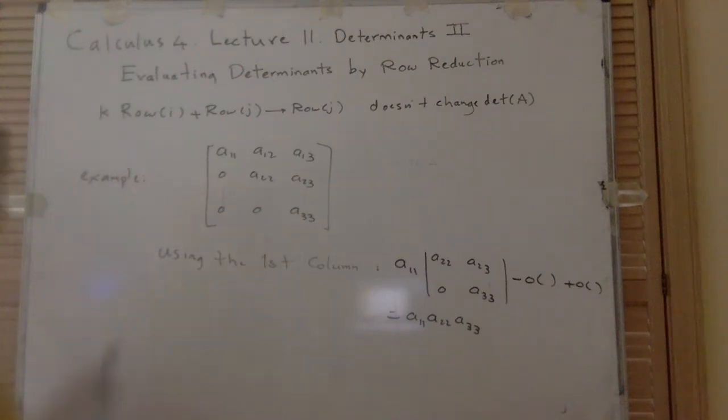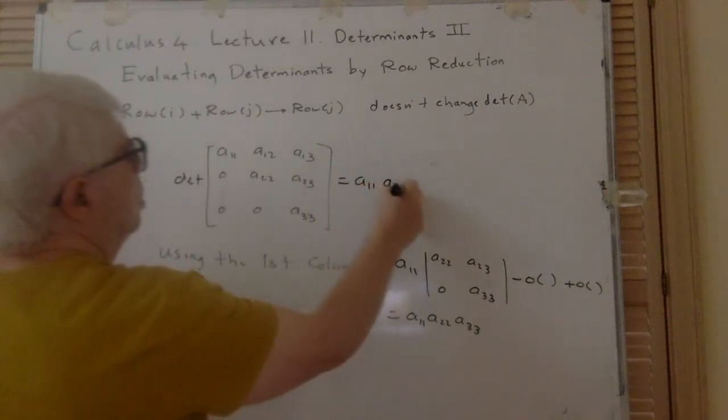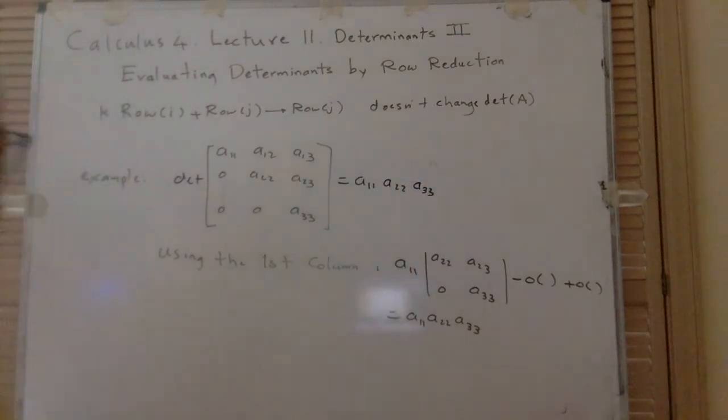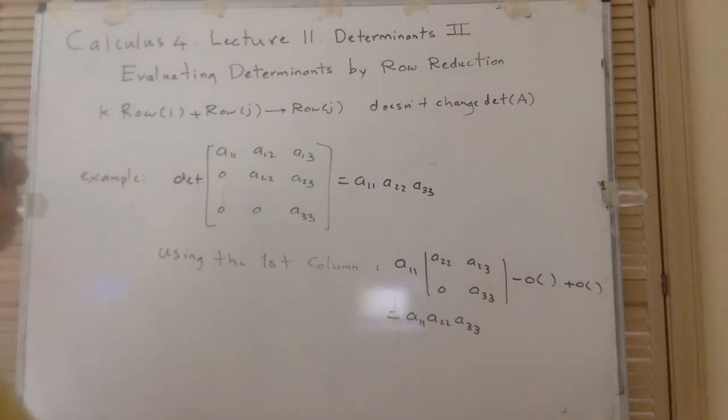So that's amazing. The determinant of this is in fact just the product of the diagonal terms. So if I reduce a matrix using just that one operation and turn it into an upper triangular matrix, then the determinant of the original matrix is the product of the diagonal terms of that upper triangular matrix.